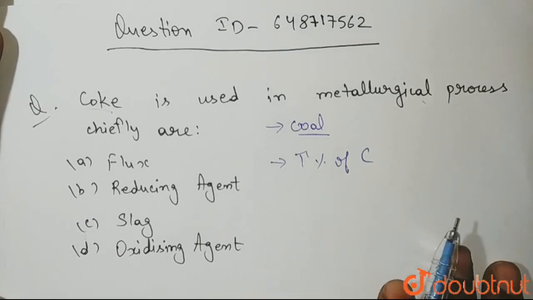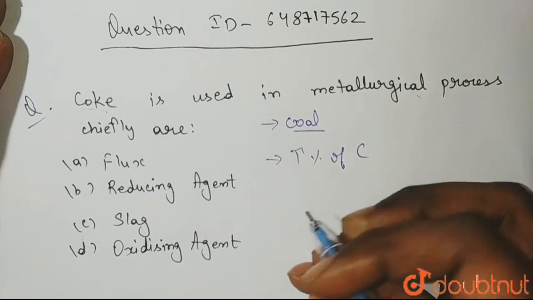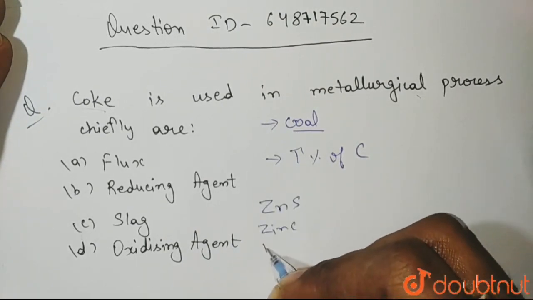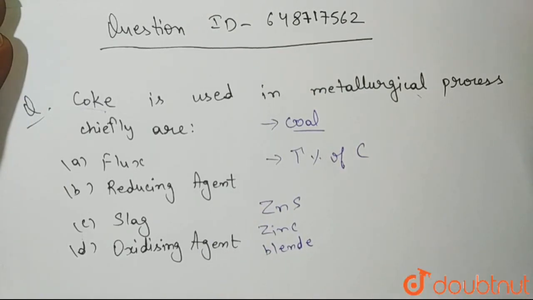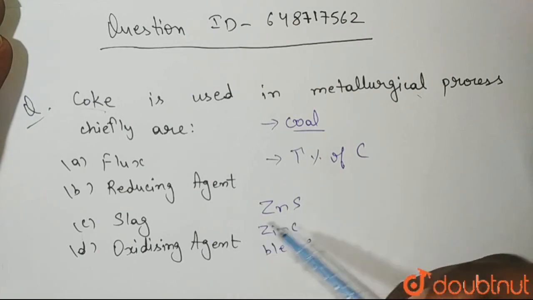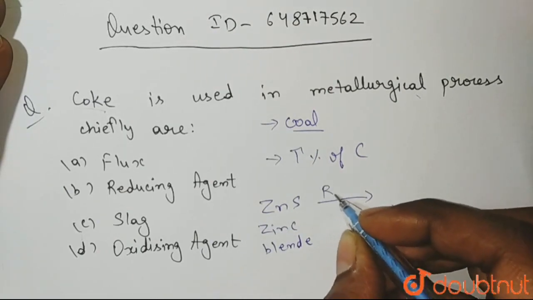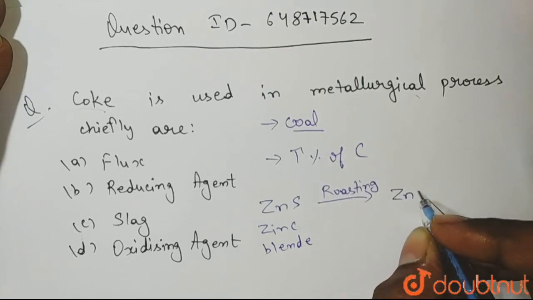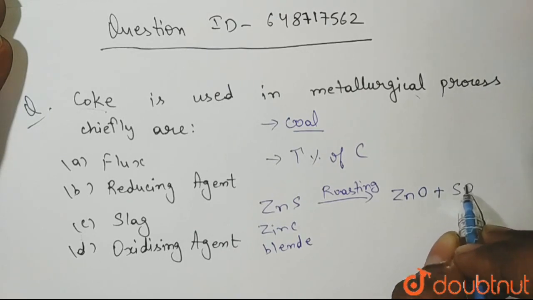Now, if I give you an example of a metallurgical process, let's say zinc blende, that is ZnS. Whenever we try to obtain zinc from zinc blende, we do the roasting of zinc blende, and what do we get? We get zinc oxide, ZnO, plus sulfur dioxide.